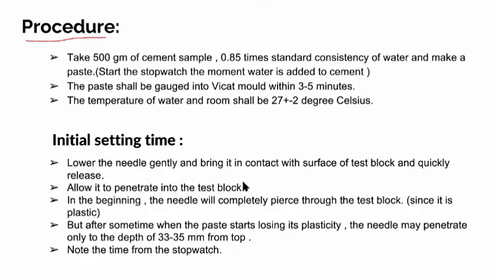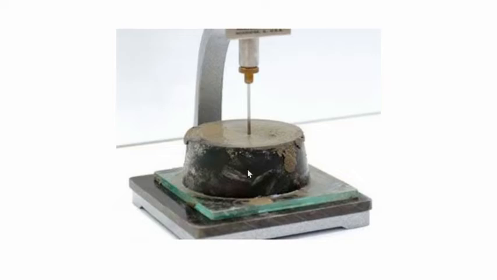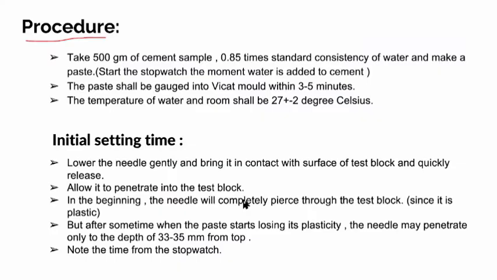In the beginning, the needle will completely pierce and reach the bottom of the mold. After a certain time, when the paste starts losing its plasticity, the needle may penetrate only to a depth of 33 to 35 mm from top.